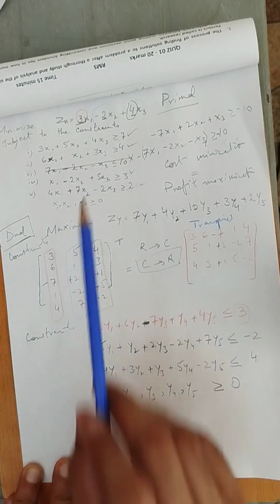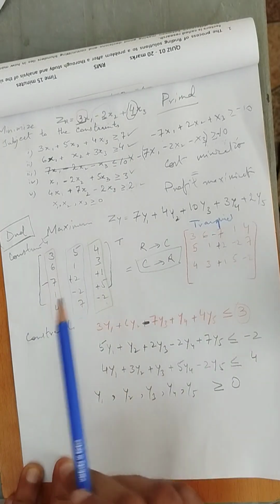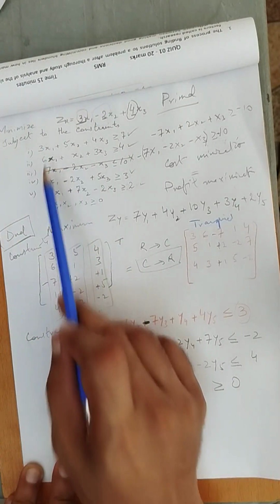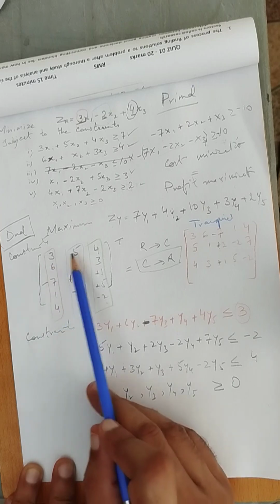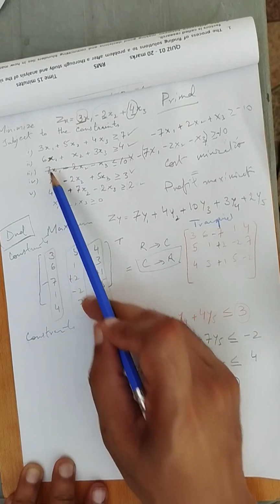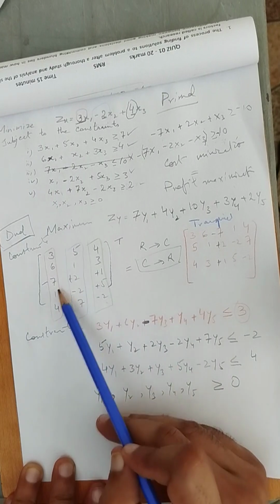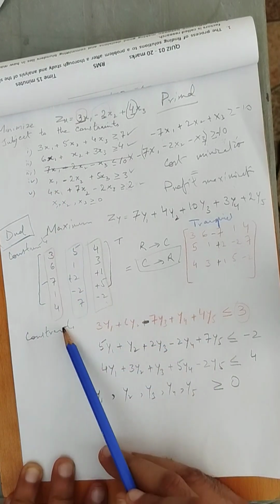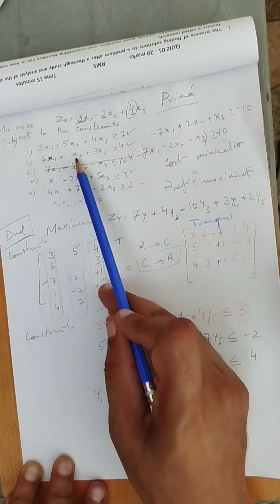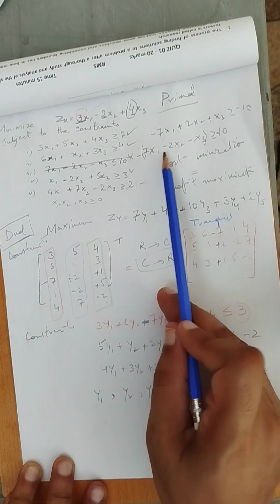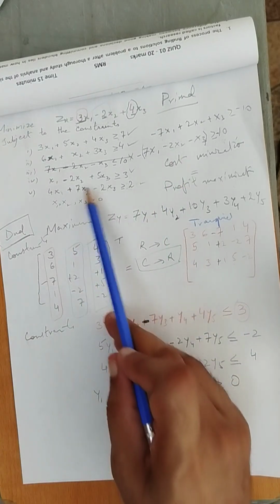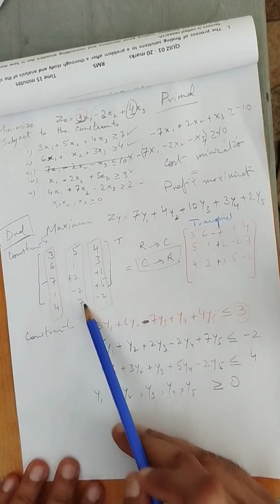So when the canonical rule was followed, then we make a matrix of that. The matrix was made 3, 6, minus 7 plus 1, 4. The matrix was done like this. 5 plus 1 plus 2 minus 2 plus 7.